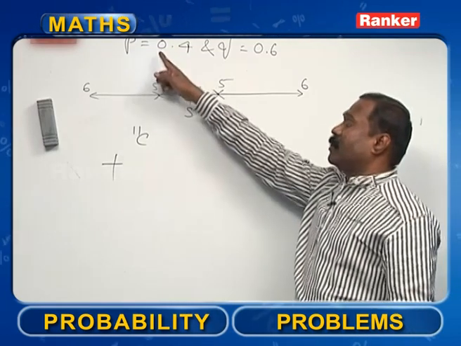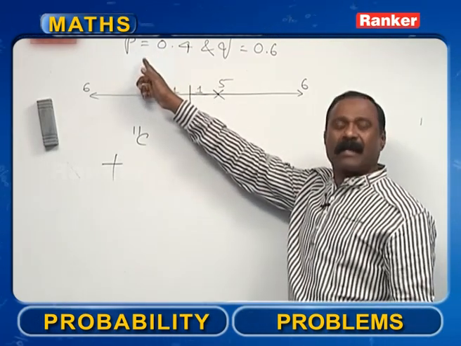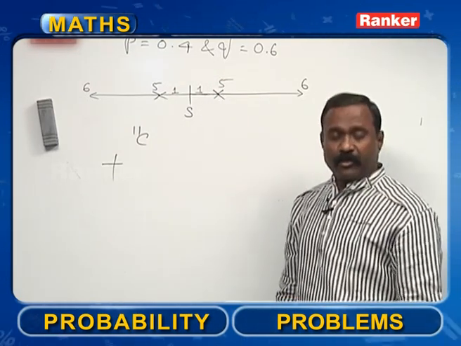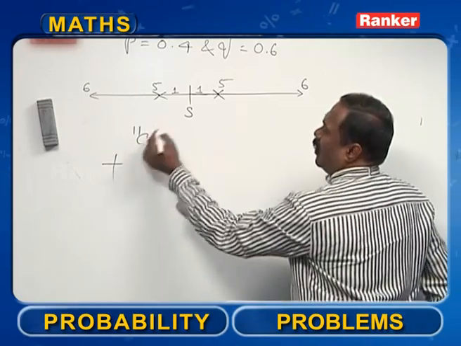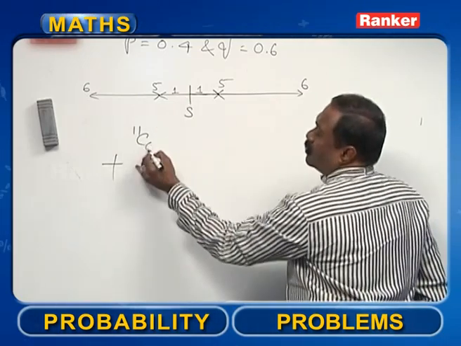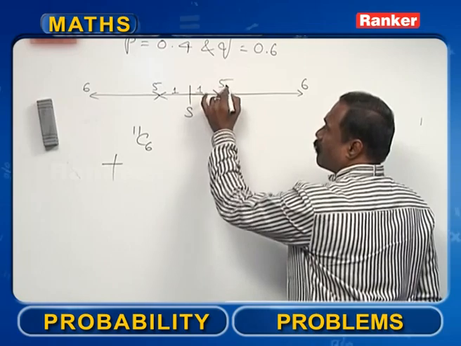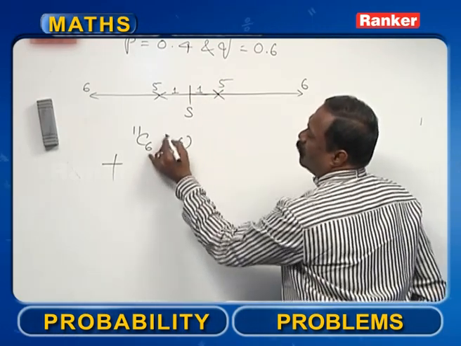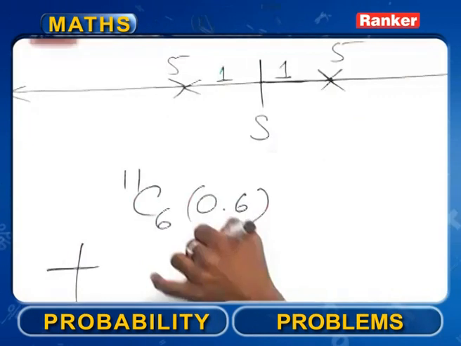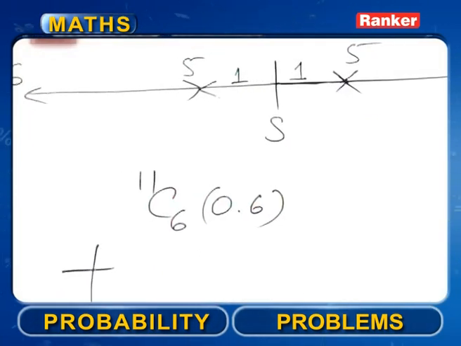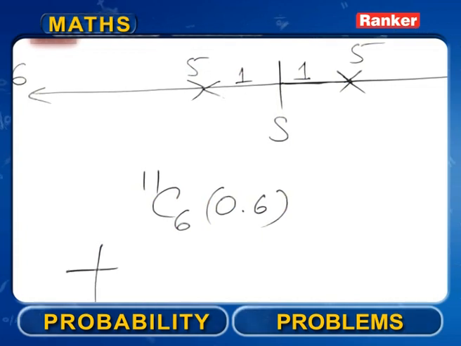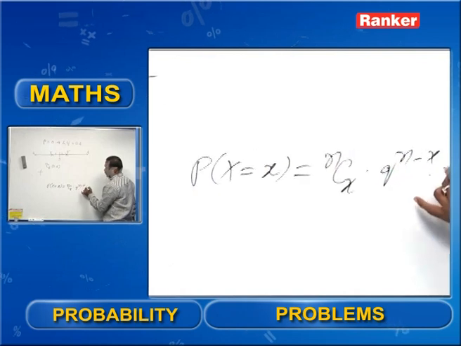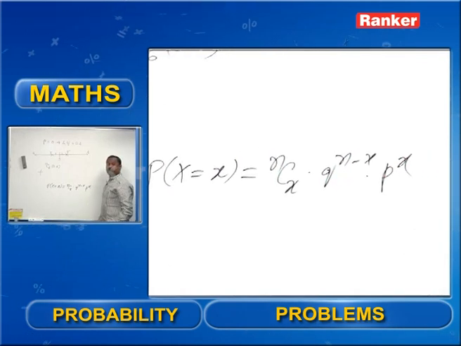We have taken success as P and this is failure, Q, so we have to apply the binomial distribution. Now, this is 11C6 for forward, into 5 steps backward, which is Q, so 0.6 whole power 5. You know the formula, please, all of you. Probability of X equal to x successes is NCx into Q power N minus x into P power x. Understand?